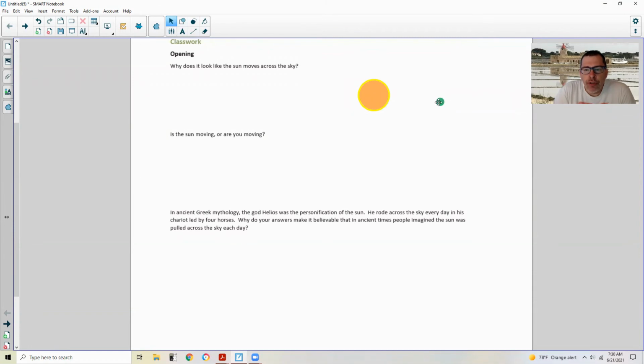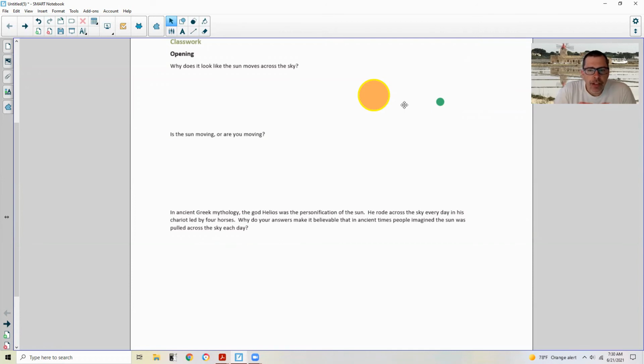Therefore, in 24 hours, it'll go 24,000 miles around. And it keeps rotating as it goes around. So it's rotating counterclockwise. So it looks like the sun is rising in the east and setting in the west. And that's why it appears it moves across the sky.